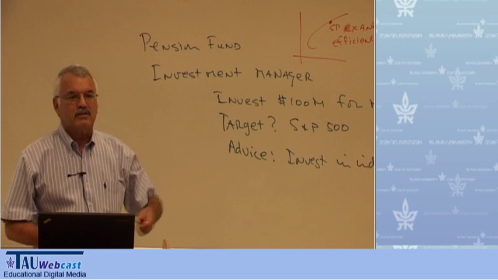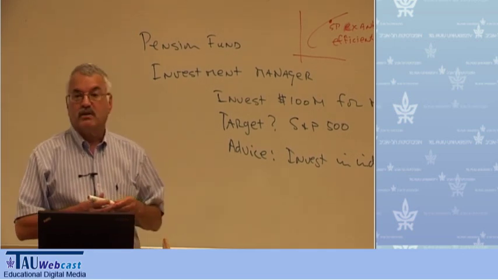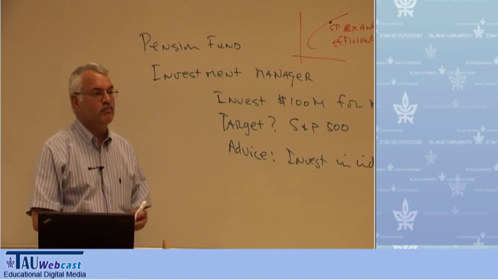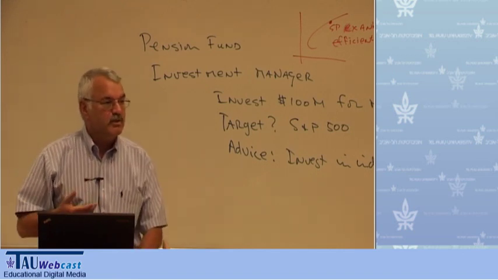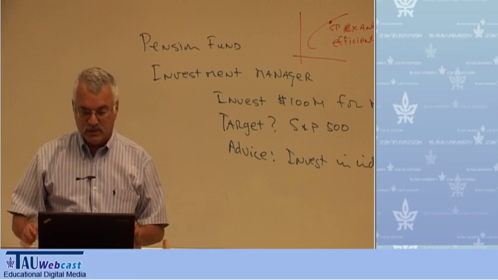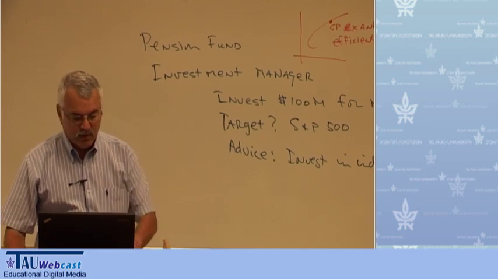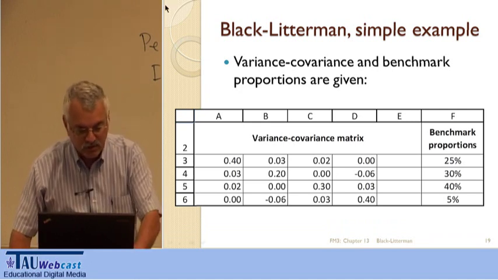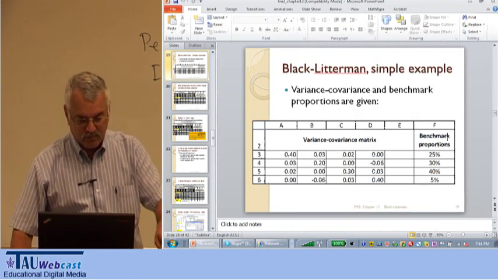Then Black-Litterman say, well, if you don't believe that, we'll show you how to implement your views, your beliefs, into an optimization process. Okay, so I'm going to take an example. I'm going to switch to Excel now.